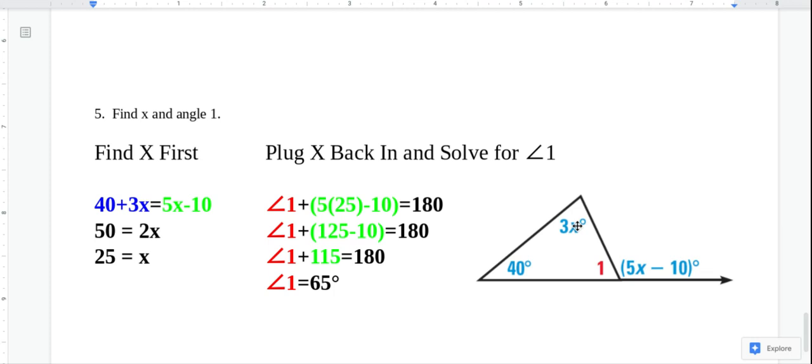So 3 times 25 will give me 75. 75 plus 40 is 115. And then if we subtracted it to the other side, we'd be left with 65 equals angle 1. So either way, recognizing this is a linear pair, you could do that, or you could add up all three interior angles and set them equal to 180 as well.